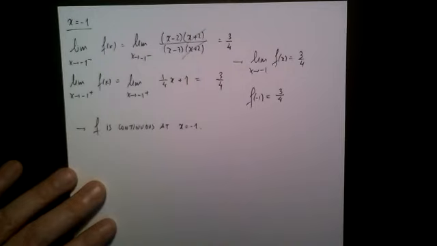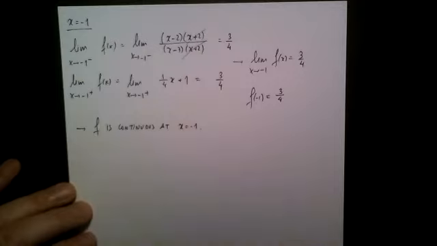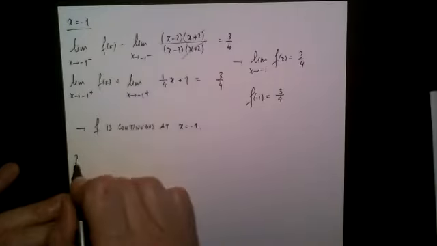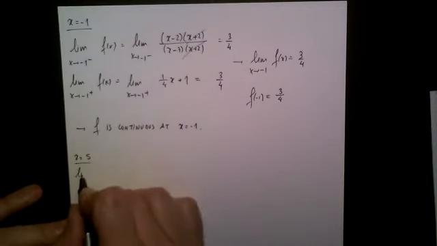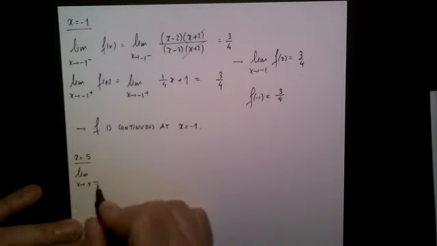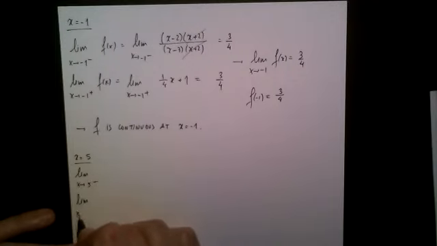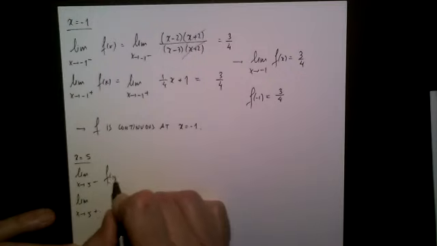You guys okay? Then we said x equals 5. It's a long question, but it's really not difficult. Limit as x approaches 5 from the left, limit as x approaches 5 from the right of f of x.